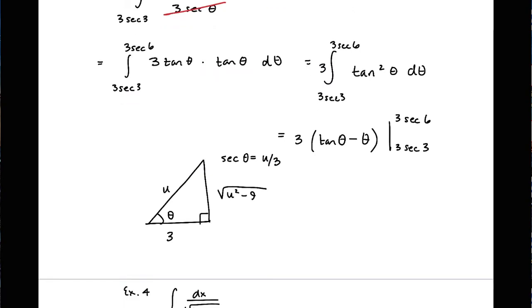So tangent theta is then equal to the square root of u squared minus 9 over 3. And theta then would be equal to secant inverse of u over 3.